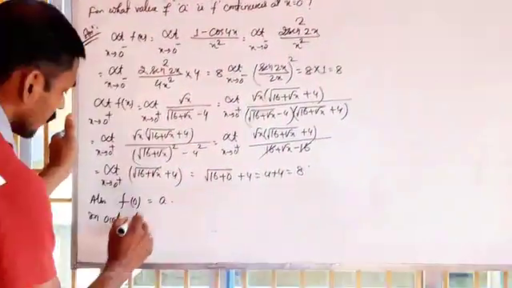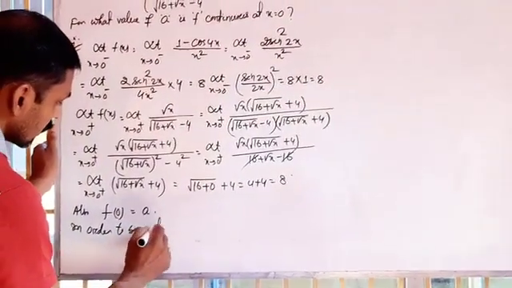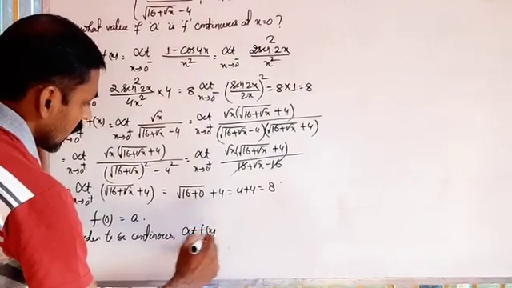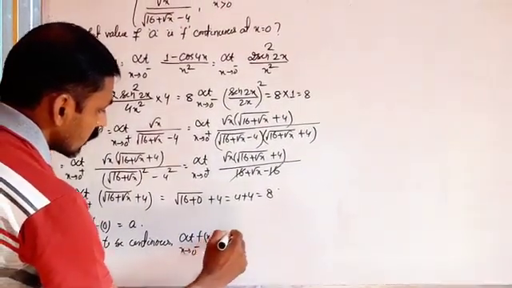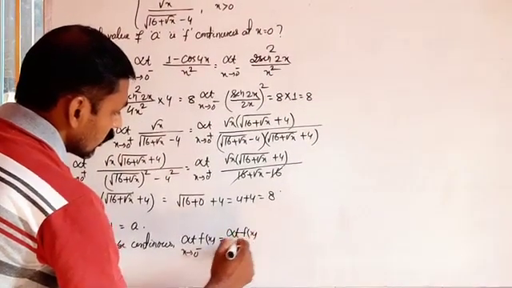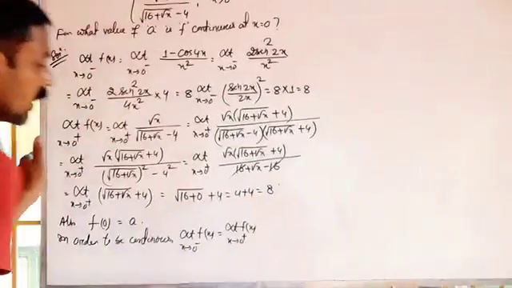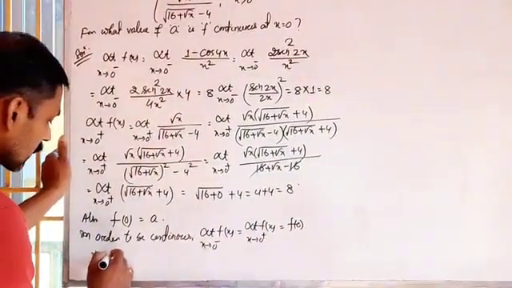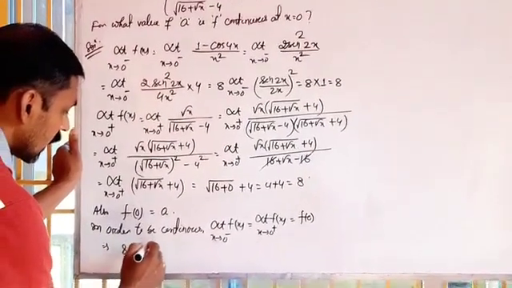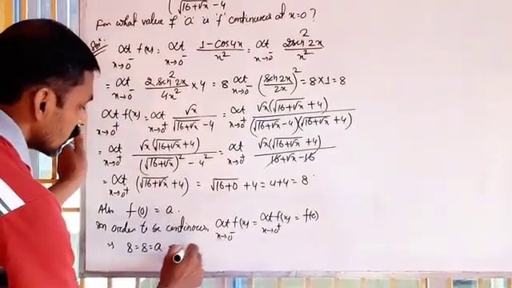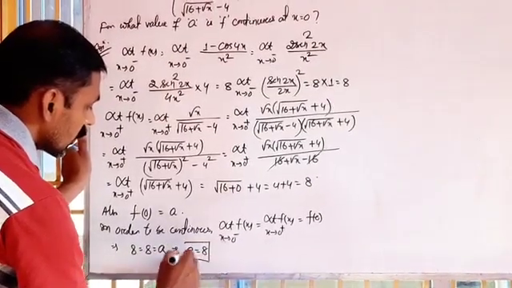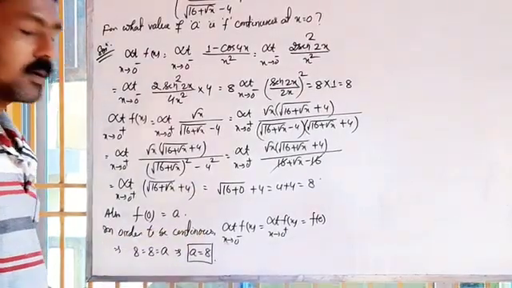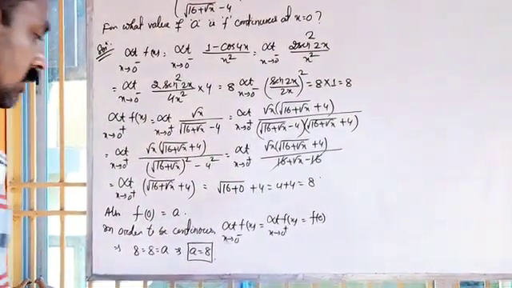To be continuous, limit of f of x tends to 0 minus must be equal to limit of f of x tends to 0 plus, which will be equal to f of 0. That means left hand limit is 8, right hand limit is 8, this equals 8. So this implies a must be equal to 8. Clear? So for a equal to 8, the function will be continuous.